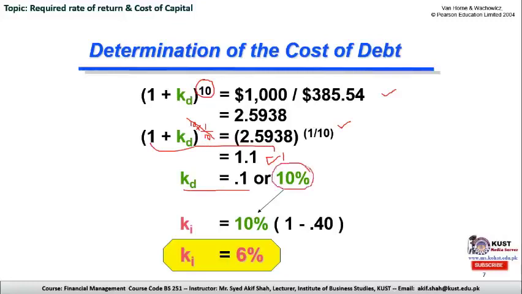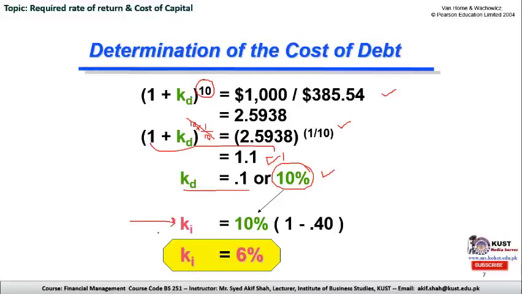If we multiply this value by 100, the before tax cost of debt under this case for the company is 10%. However, the corporate tax rate for this company is 40%, because this interest amount or the cost of debt is usually a tax deductible expense. So therefore, we have to calculate the after tax cost of debt.